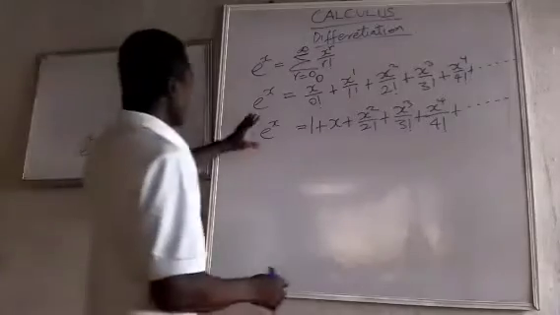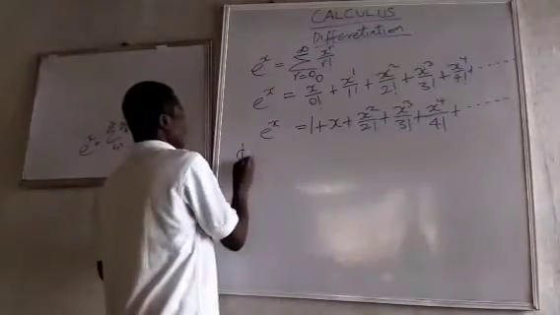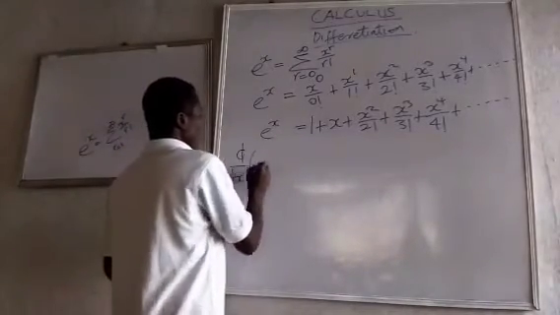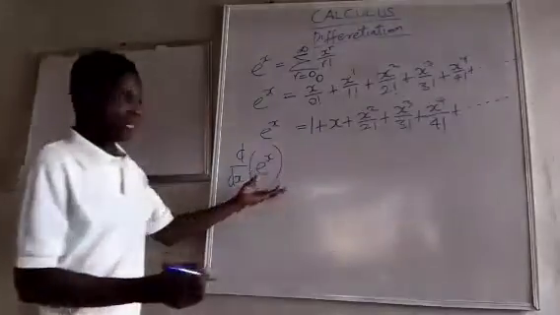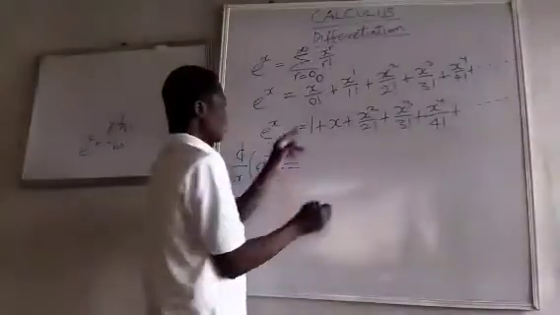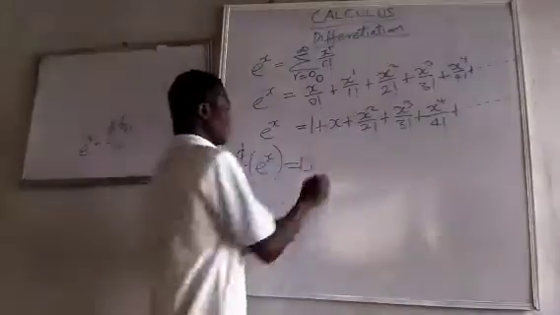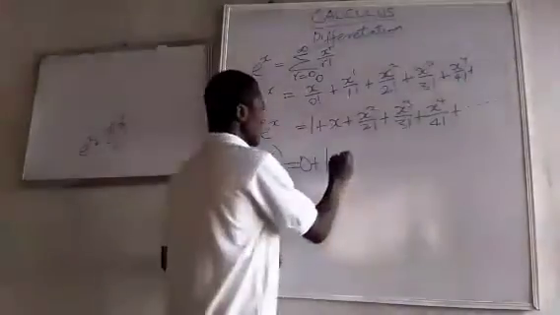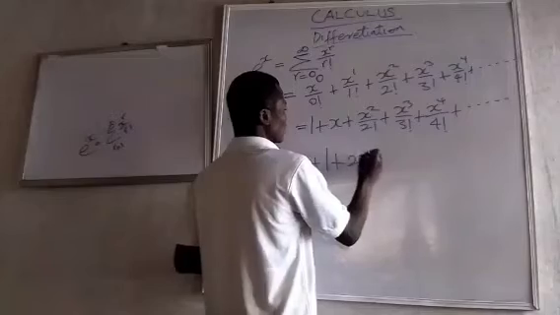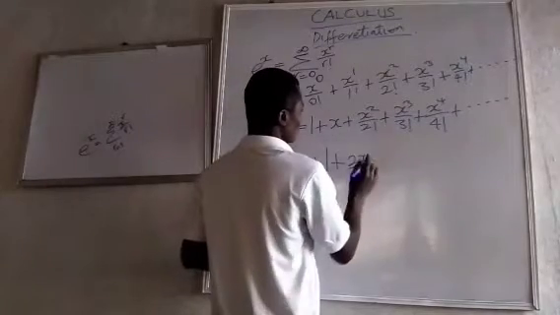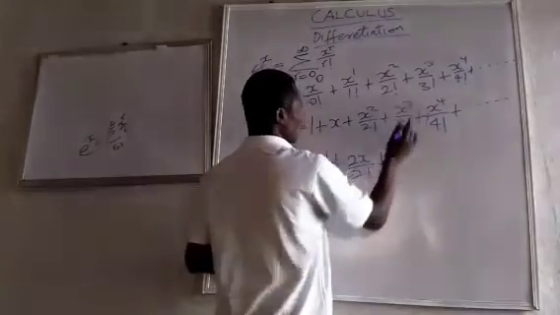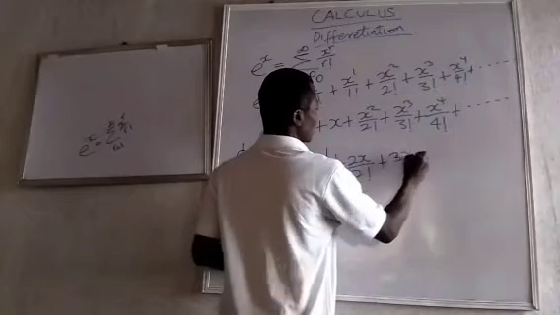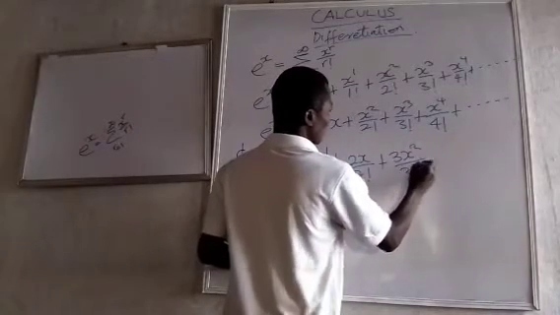Now, I can write this as d dx of e raised to the power x. You can see, if I differentiate this one, it's going to give me 0. If I differentiate this one, it's going to give me 1. The next one is going to give me 2x over 2 factorial. If I differentiate this one, it's going to give me 3x squared over 3 factorial.